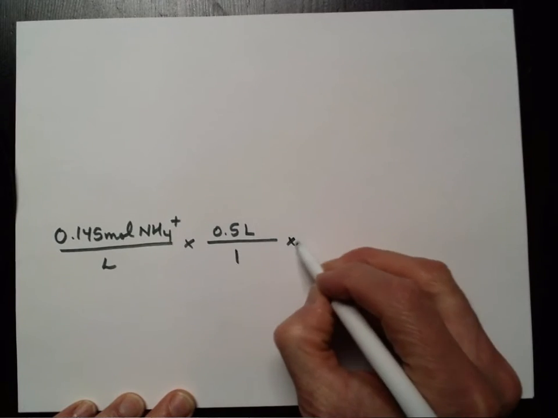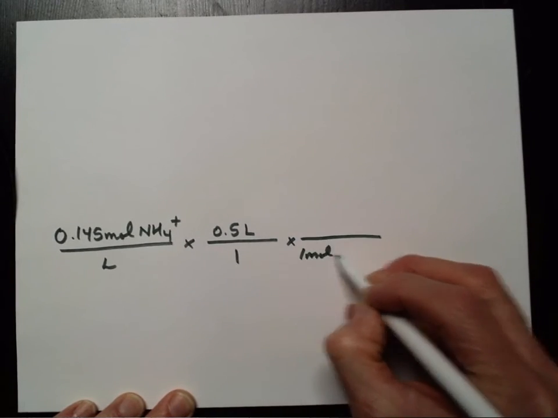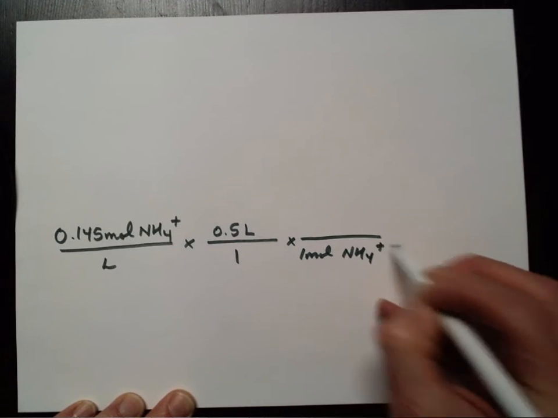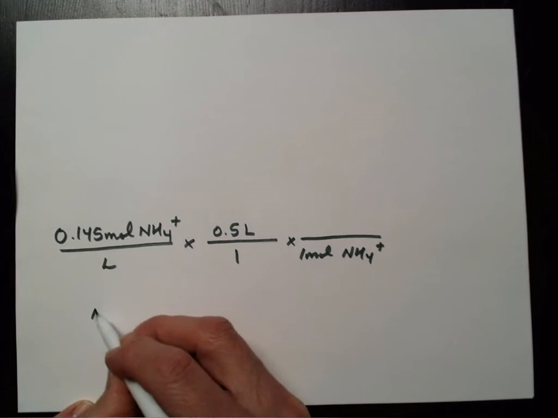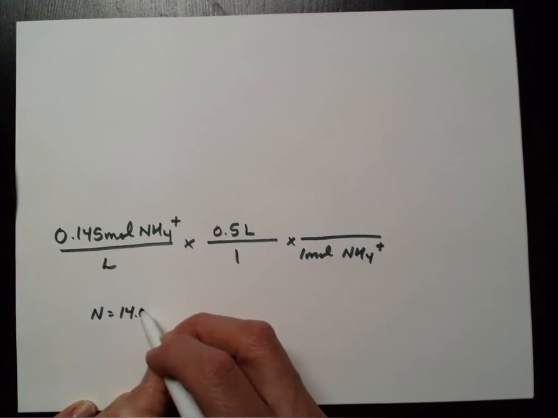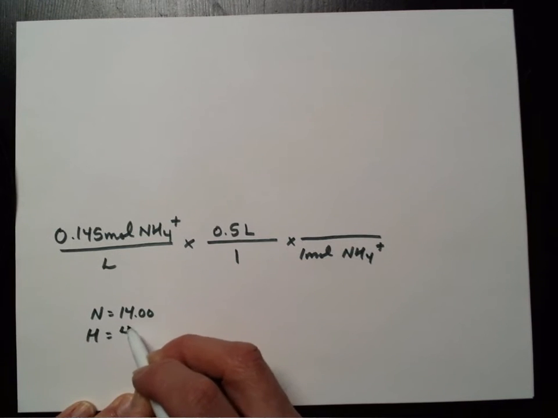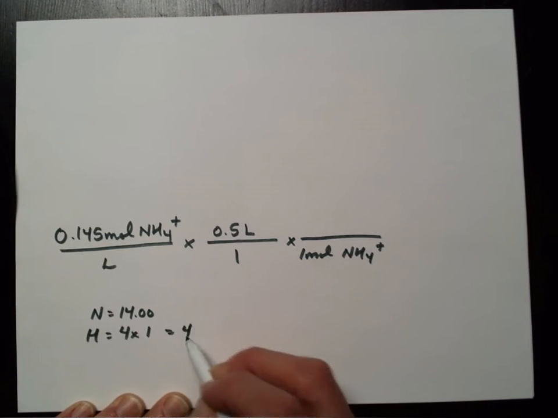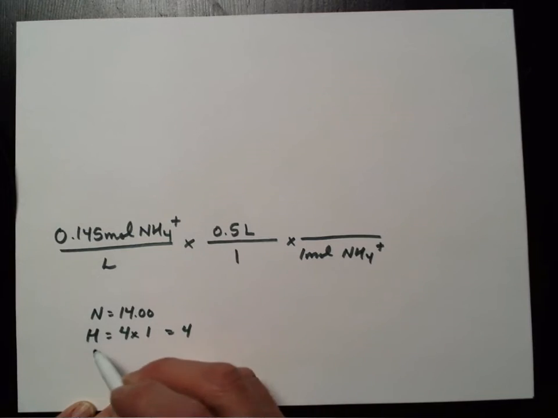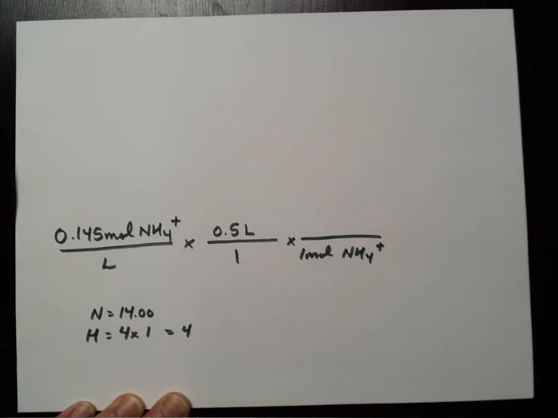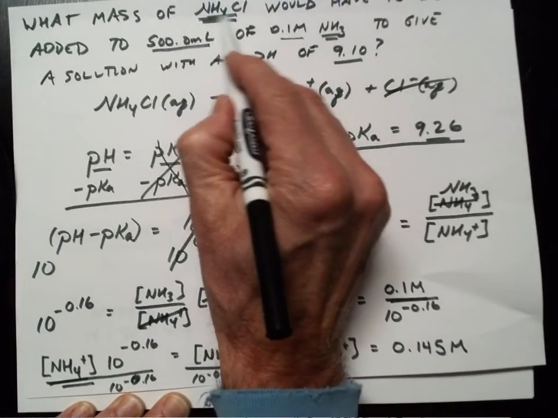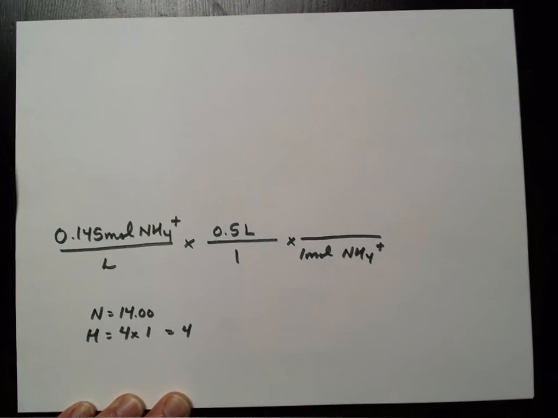So let's see. 1 mole of ammonium, how many grams is that? Let's see. Nitrogen, that's 14. And then hydrogen, that's going to be 4 times 1. Oh, and they asked for ammonium chloride. That's a good thing I remember that. I'm going to have to add ammonium chloride.